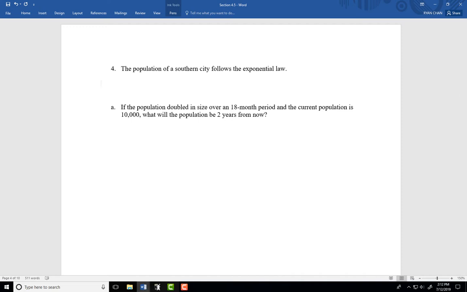It's kind of like what we did last time. Notice they don't give us a function, so you have to create one yourself. So you have a is equal to p e to the kt. Notice they also don't give you your k. So the first step is you want to find your rate. And then you'll actually answer the question.